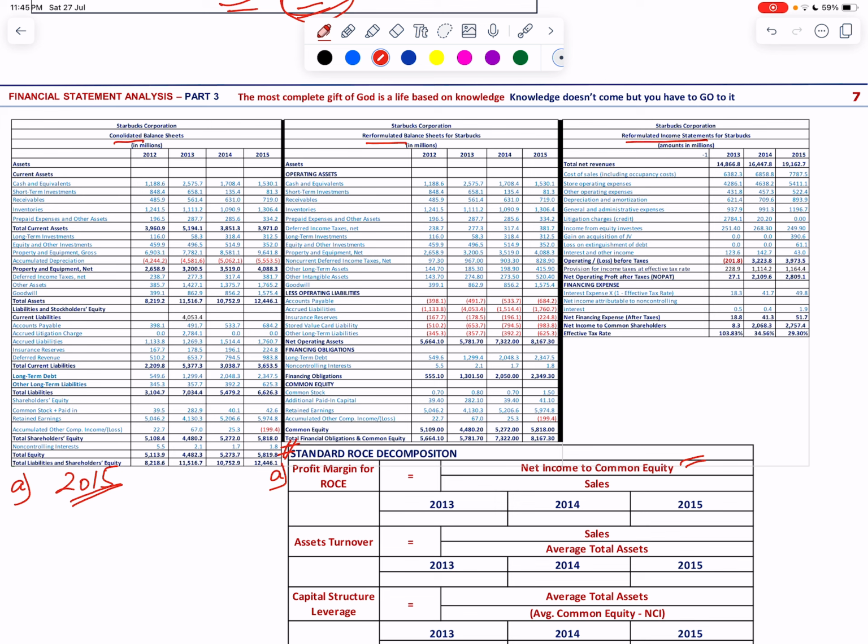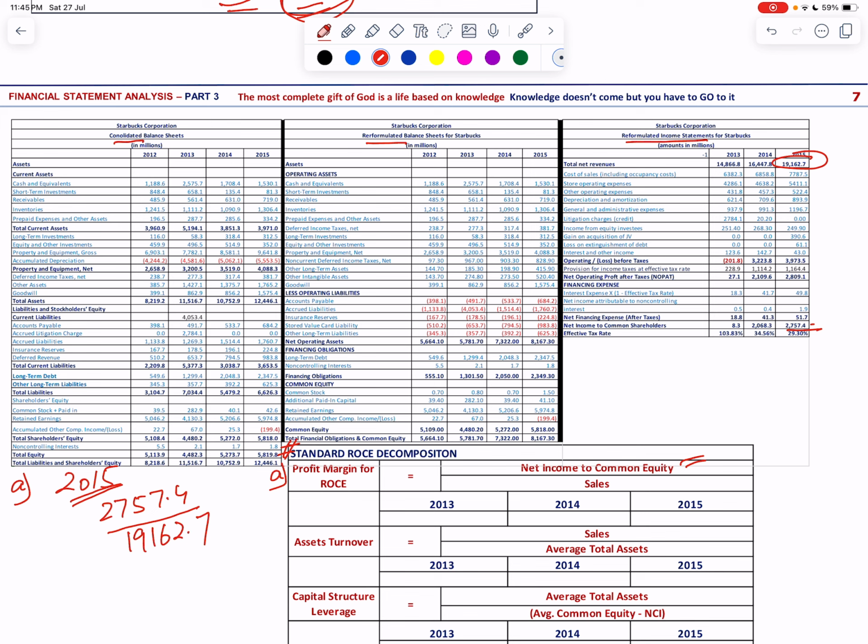So the net income to common shareholders is 27,757.4 million, and this will be divided by sales, or the net sales, that is 19,162.7.